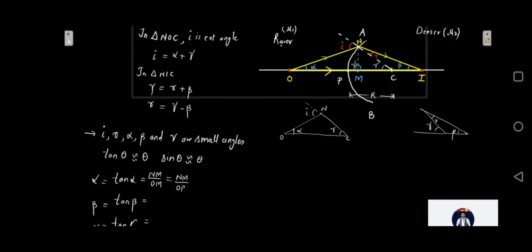Tan of beta is going to be opposite, that is NM, upon adjacent, here is going to be MI. But MI I can approximate again to PI, because again P and M is considered very much closer.